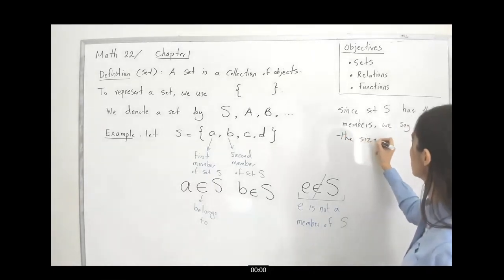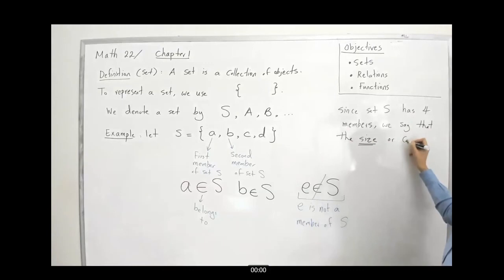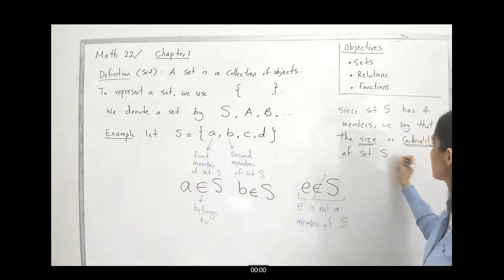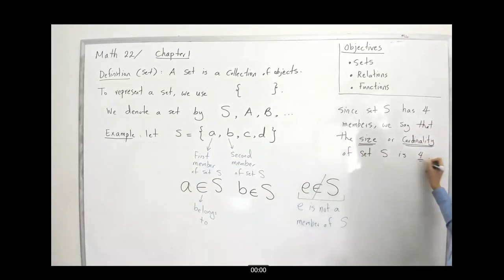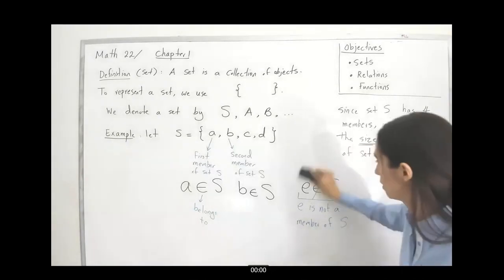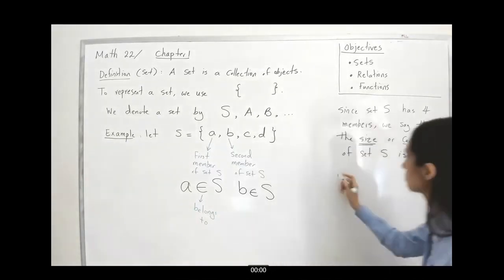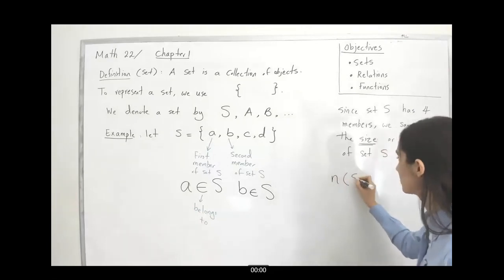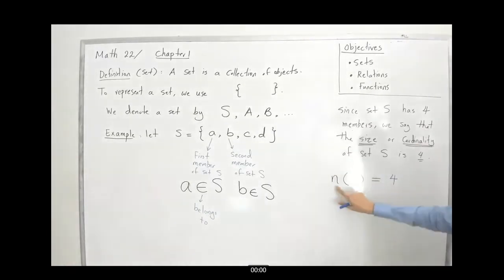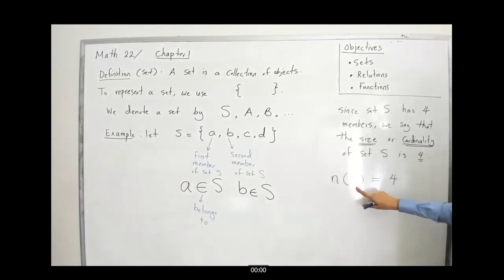The size or cardinality of set S is 4. So how do we denote that? We usually use this notation. We say that N of S is equal to 4. So the size or cardinality of set S is equal to 4.